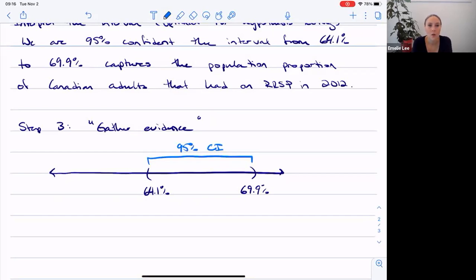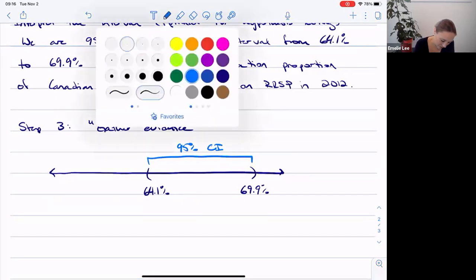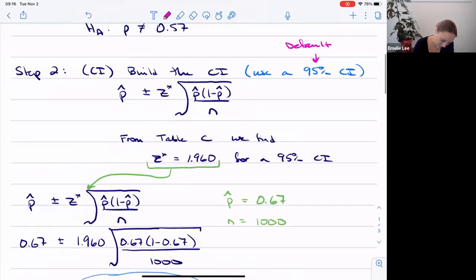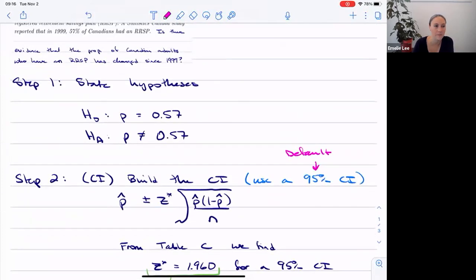If we look at this number line, I've forgotten our hypothesized value, 0.57. I'm going to try to not scroll so much because it's so slow.